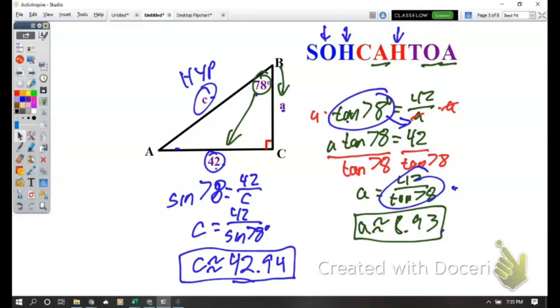Then use your ratio, opposite over hypotenuse, opposite over adjacent, adjacent over hypotenuse, whatever it is. And if your variable is on the bottom of your ratio, you're going to end up dividing. You divide by the sine, cosine, tangent. If your variable is on the top of the ratio, then you multiply. That was the first two we did, right? So if your variable is on the top, you're going to multiply. If your variable is on the bottom, you're going to divide. And you're just going to stick it into your calculator and see what it tells you.